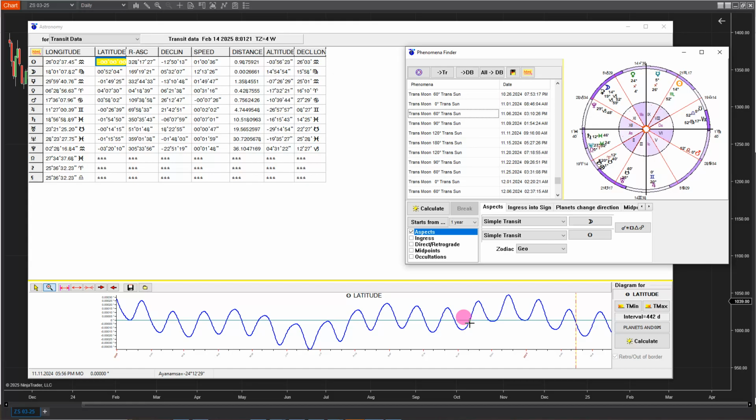On the 11th, we have an aspect, the trine. On the 11th, we've got the maximum. On the 19th, and we have the trine on the 20th. And then at the end of the month, we've got this rounding bottom at the zero line. The center of that bottom is 12-2. The aspect is 12-1, the conjunction.